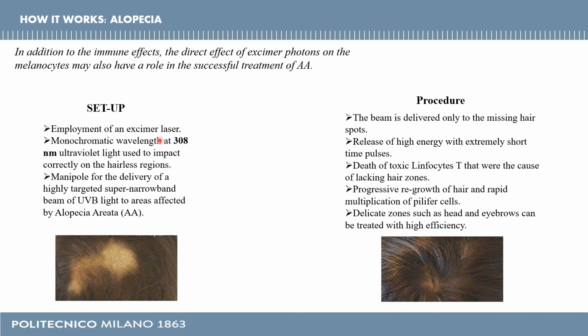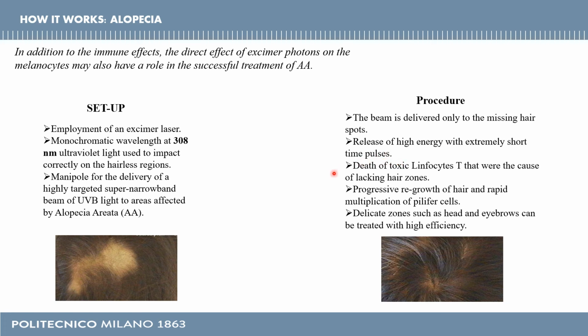So once again, we have the employment of the excimer laser at this wavelength, used to impact correctly on the hairless regions. Once again, we have a mechanism of delivery. For the procedure, the principle is that the beam is delivered only to the missing hair spots with a release of high energy, once again with extremely short time pulses.